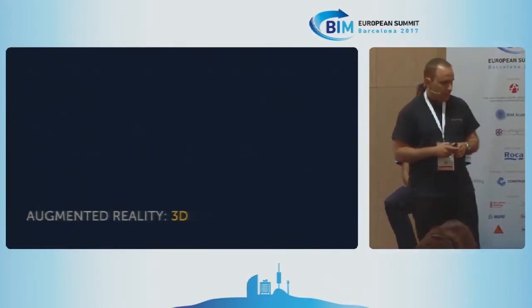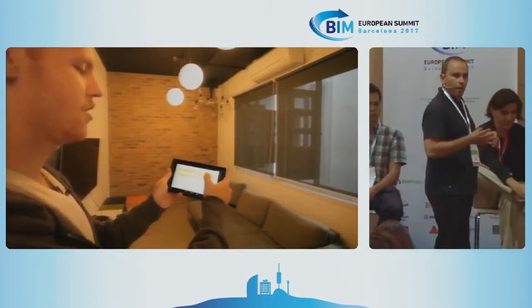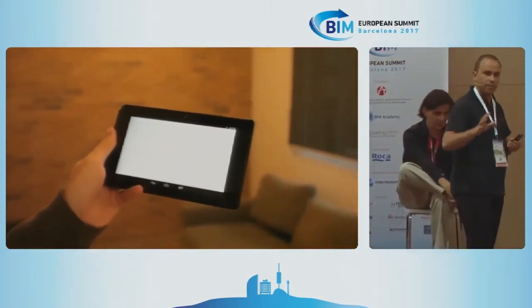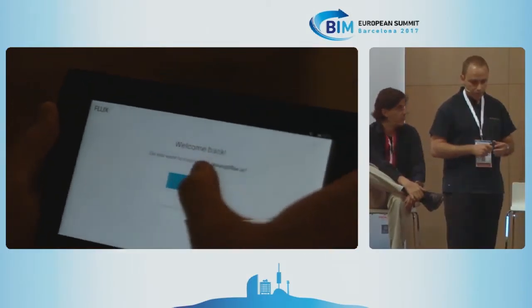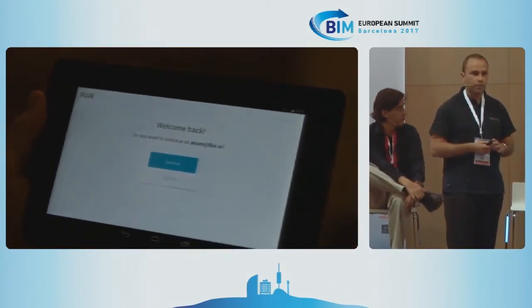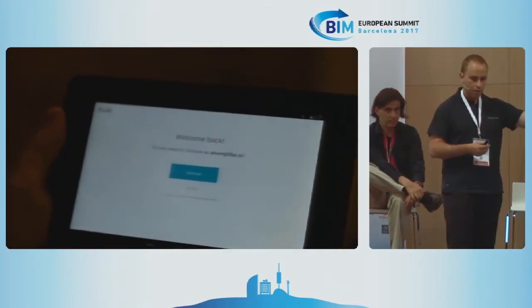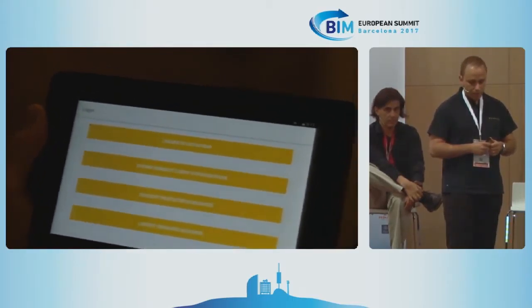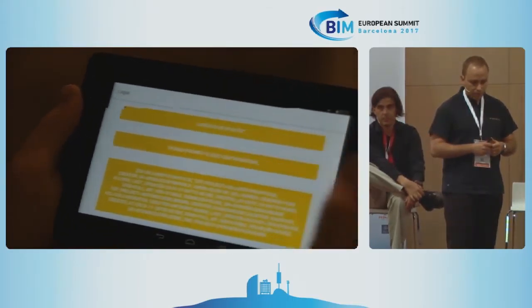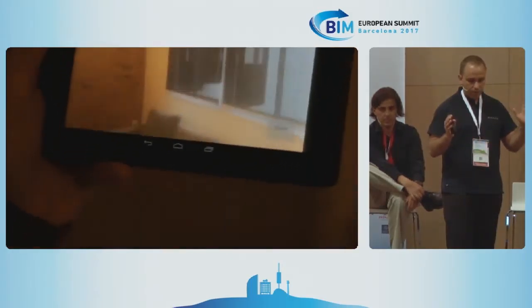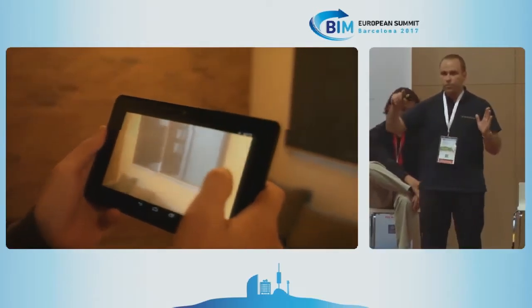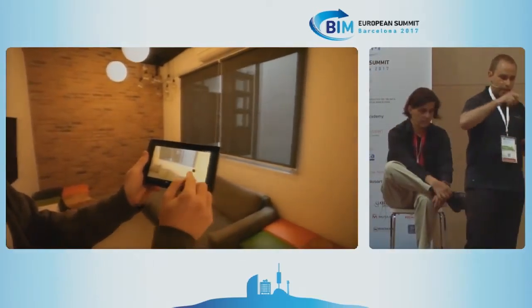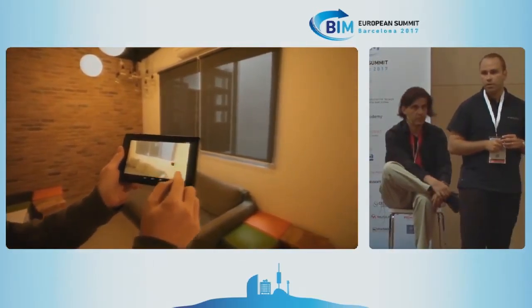And the last example is, instead of having the defects on a blueprint or a BIM model, we developed with Google Tango technology, which is an infrared technology, and Flux.io, an app where you can directly see with augmented reality and put the defects that you're spotting directly within the app.